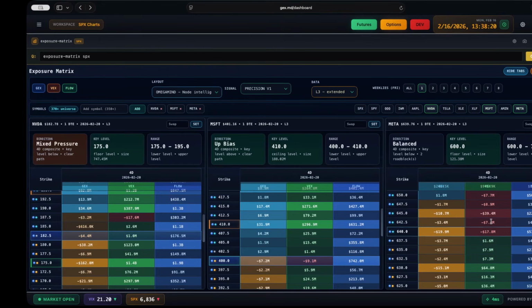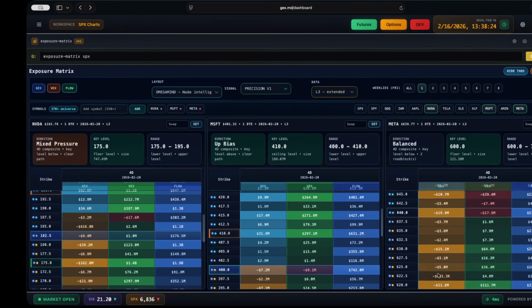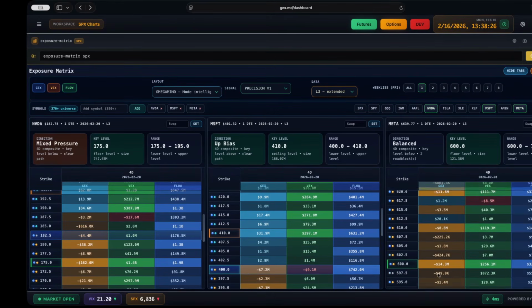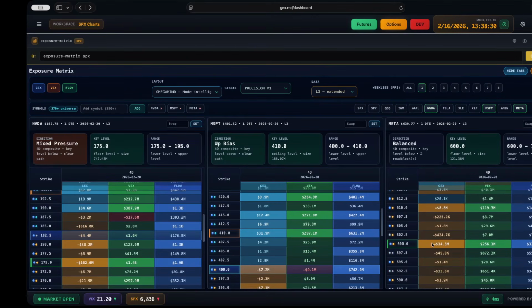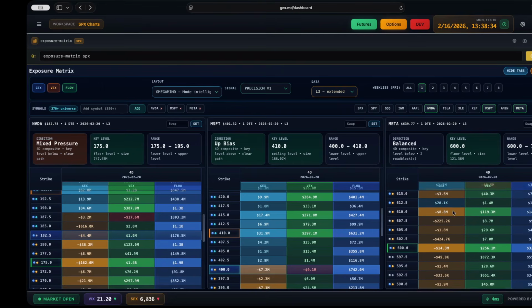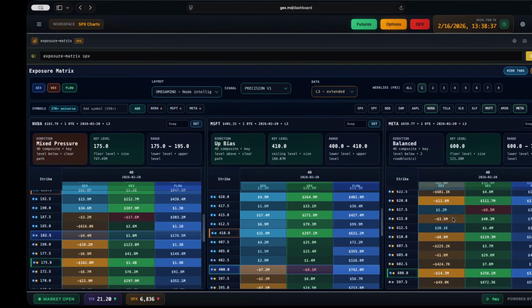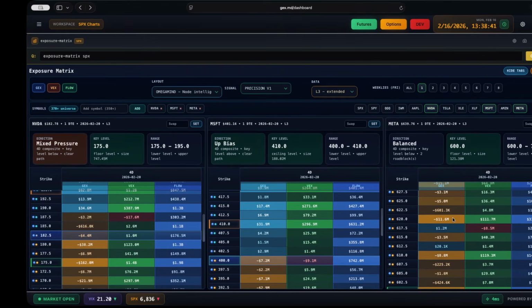The same thing with Meta. You keep going. Meta, you got 600. This is the level. And then they point to the downside on Meta.